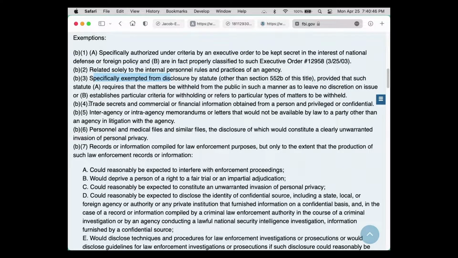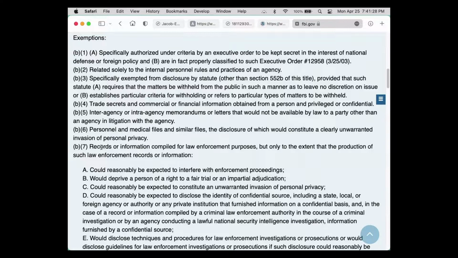And then we have trade secrets, interagency or intra-agency memorandums or letters that should not be available by law to the public. And then B6, which is the first code that is on Trevor's FAA letter, personal and medical files and similar files, the disclosure of which would constitute a clearly unwarranted invasion of personal privacy.